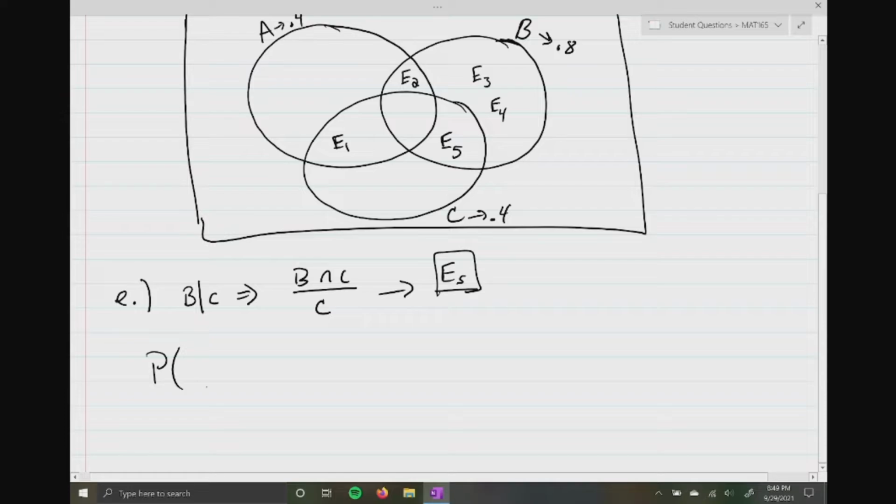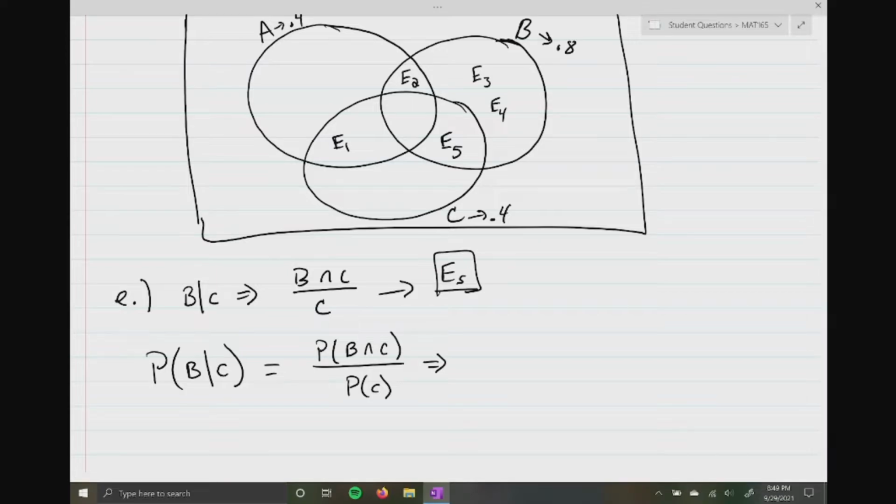The probability of B, given that C has occurred, is going to be equal to the probability of B intersection C all over the probability of C. So in this case, if you go back and you look at question C, we did the probability of B and C, and that was 0.2.